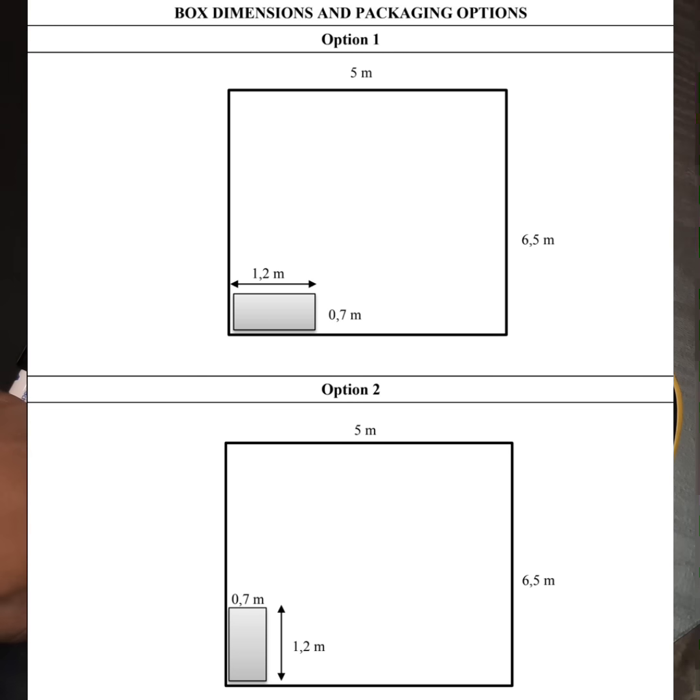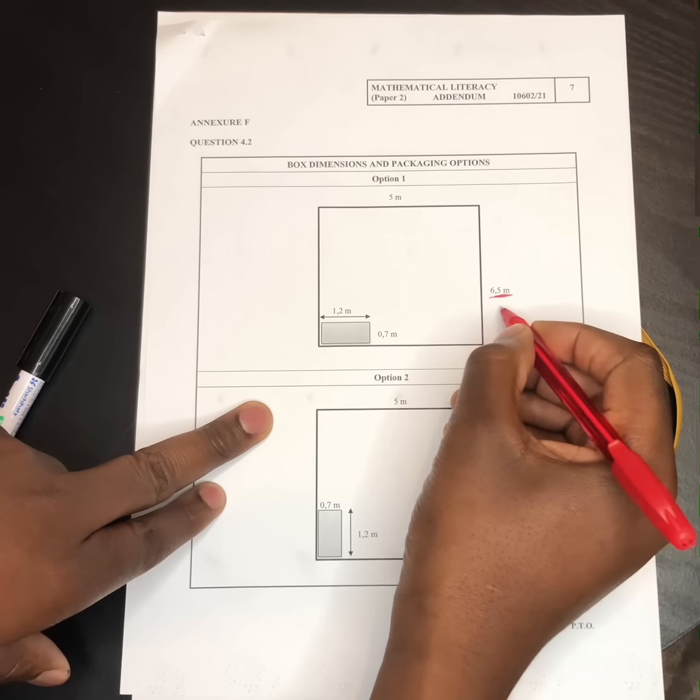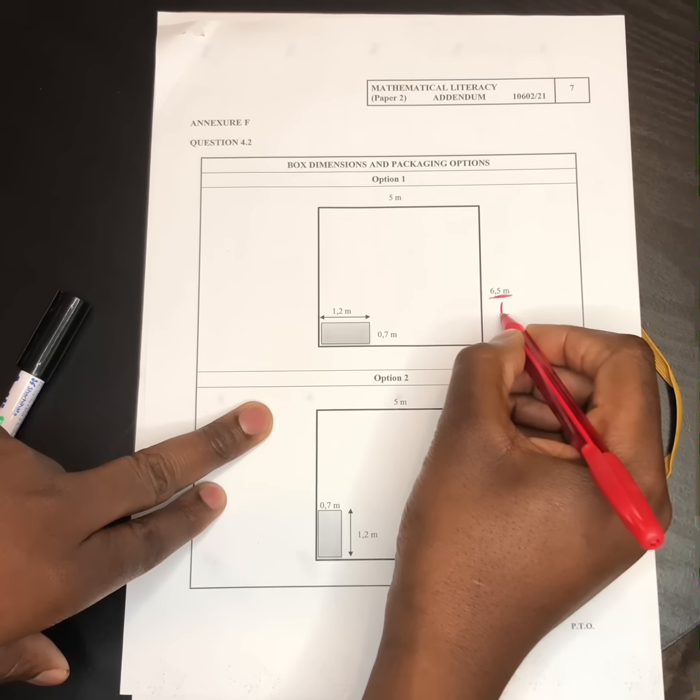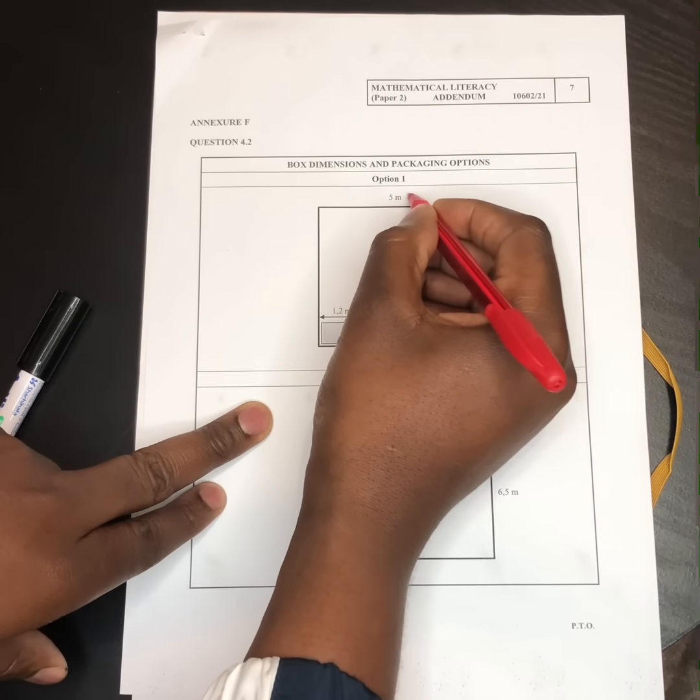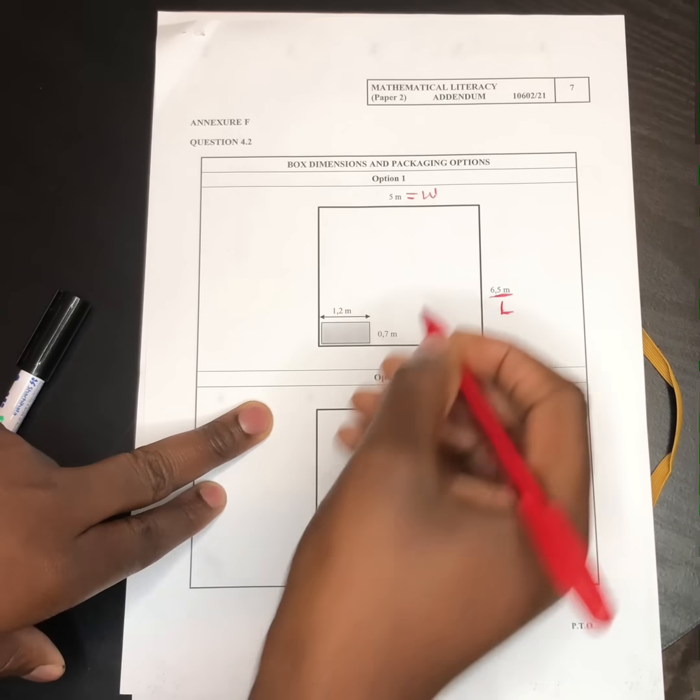We should not forget that length is always the longest side of a box. Length is always the longest side of the box. So in this case, we know that this side is going to be our length. This side is going to be our width.